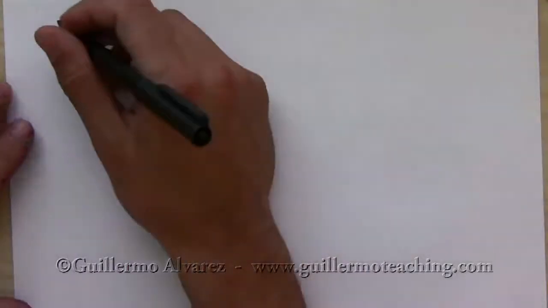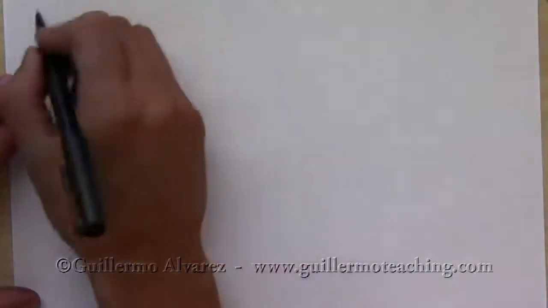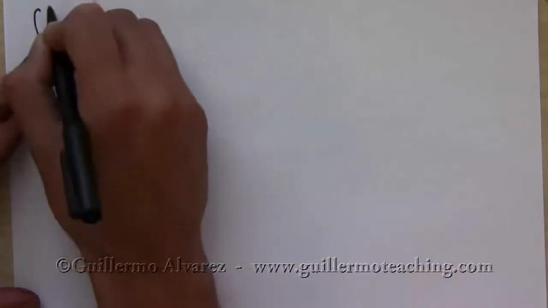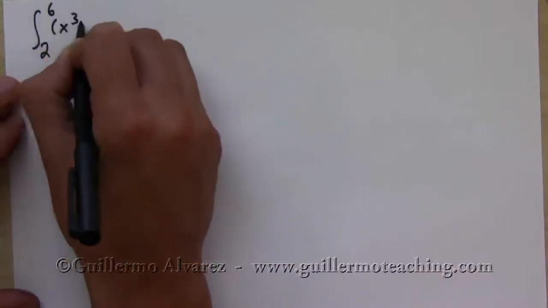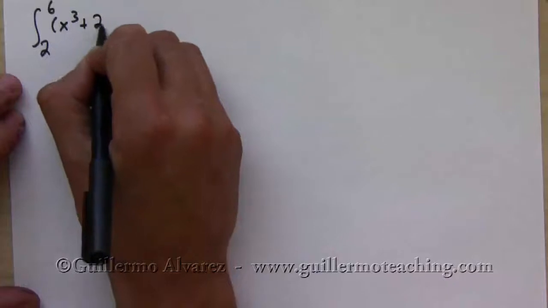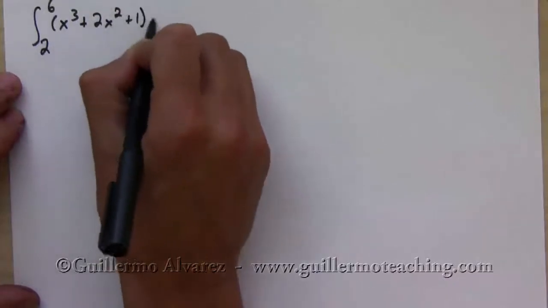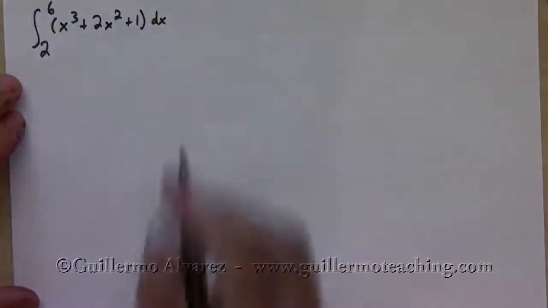Calculus and figure out what happens. So what we have is to find the integral from 2 to 6 of x cubed plus 2x squared plus 1 dx.